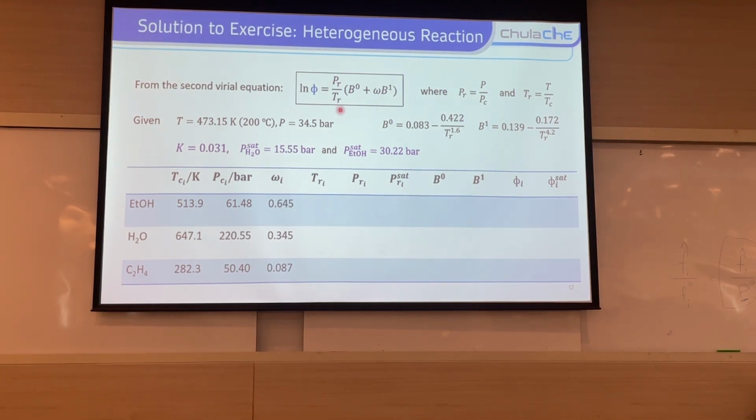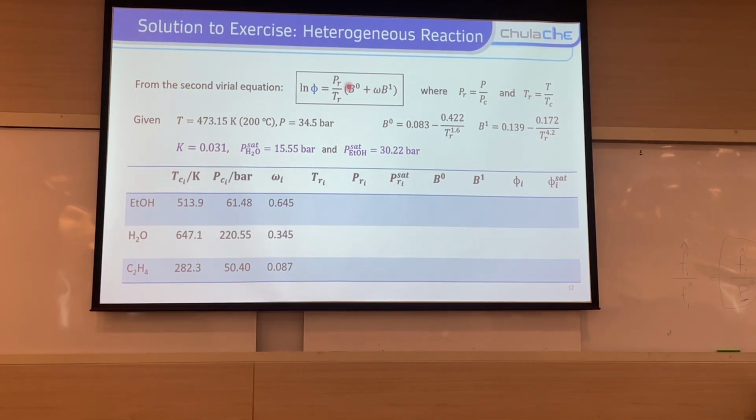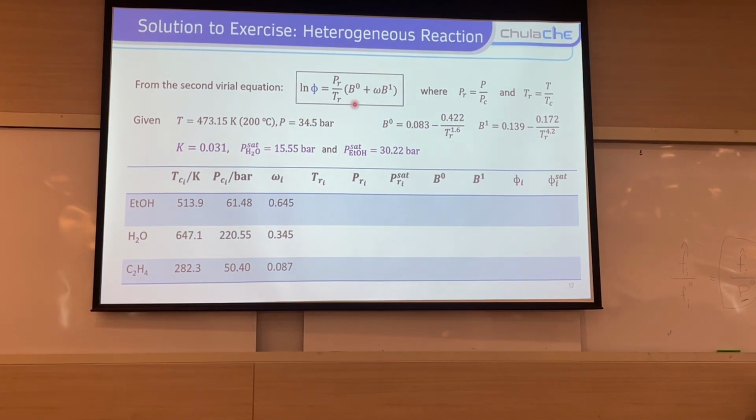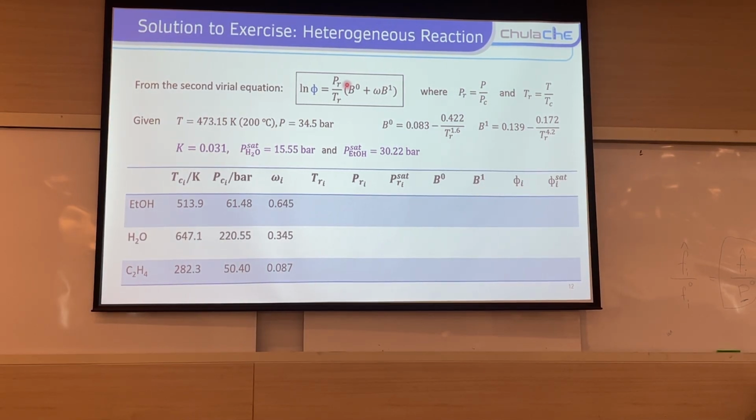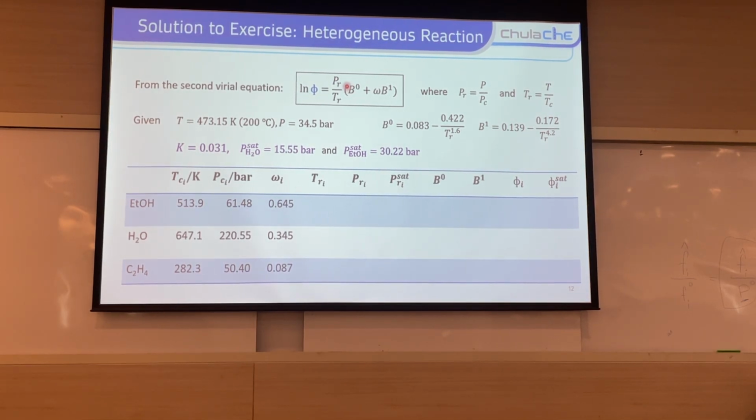In this equation, you have to know the reduced pressure and reduced temperature. The subscript R here means reduced. So you can calculate it by dividing the pressure by the critical pressure, or in the case of the reduced temperature, you can divide the reaction temperature by the critical temperature.